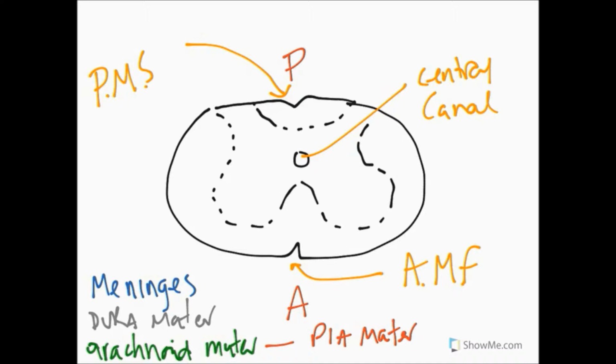So first of all, let's take our red. We start with the pia mater, and that's actually invested very closely around, adhered to the outside surface of the spinal cord itself. And when you look at dissections, you will not really be able to tell it apart. If you look at a dissection in the laboratory, you will find that the spinal cord glistens slightly, and what you'll be looking at is the reflection of the pia mater.